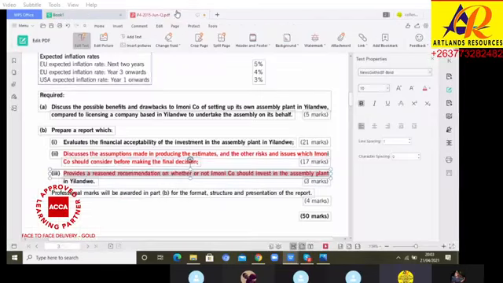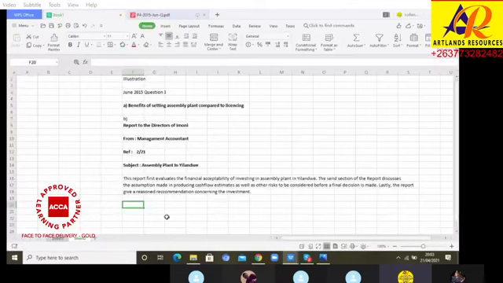These are now the sections of your report: 1, 2, 3. So in your report, remember this is being done in the word processor. Then I say 1. Financial acceptability of the investment.